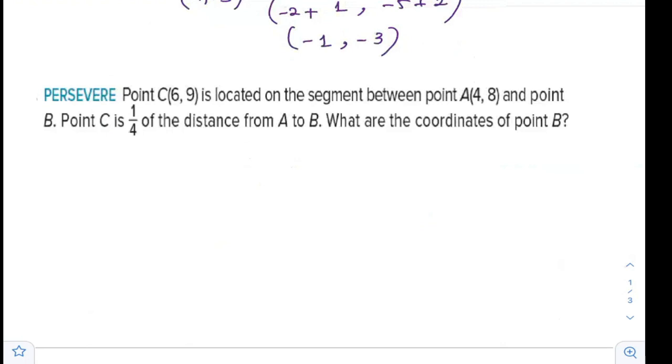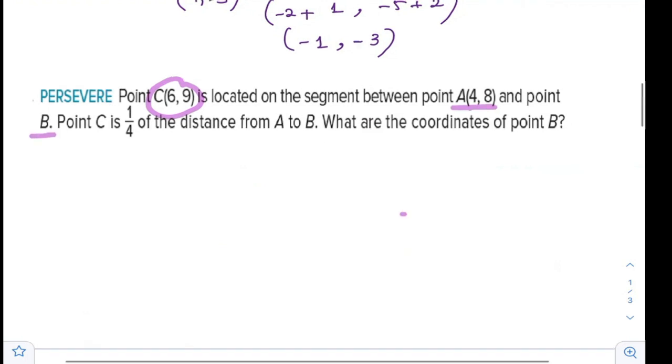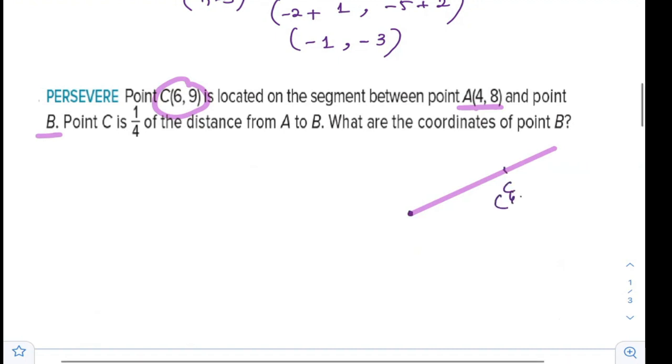Okay, let's see here. Point C, which is (6, 9), is located on the segment between A and B. So let's imagine that this is the segment that we have. We have C somewhere here, which is (6, 9), located between A and B. A is given to be (4, 8).